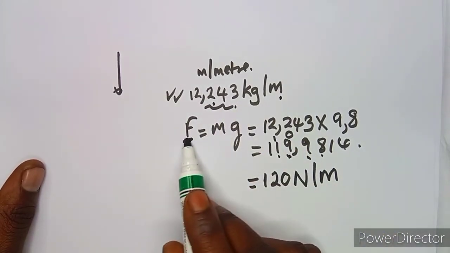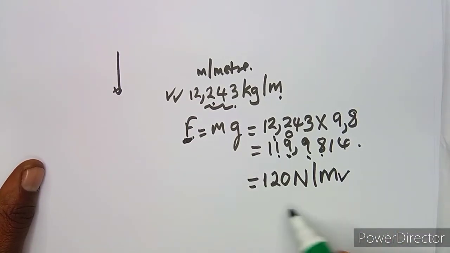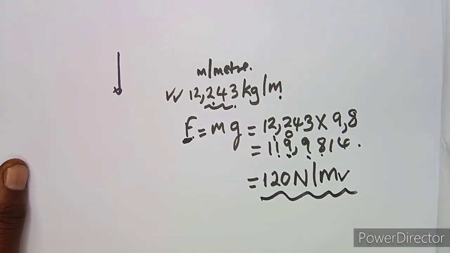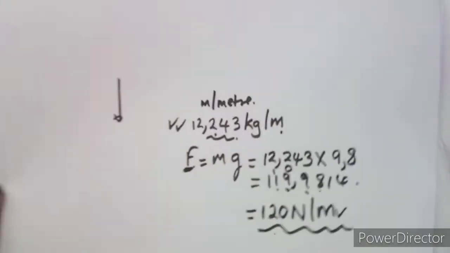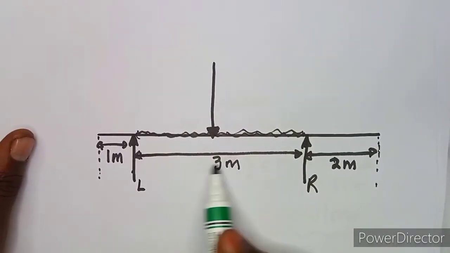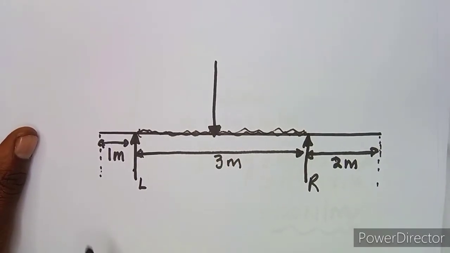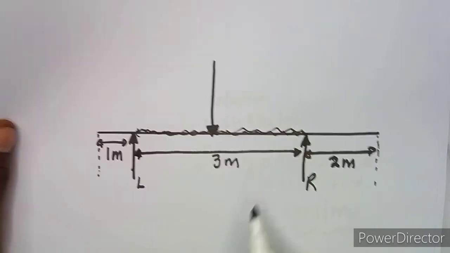So this is going to be the weight component, which is the force per meter again, because it's a distributed load. But now we want to change this distributed load to have a concentrated load, where we shall have this part here. How can we change this distributed load so that we can have a concentrated load? We are going to multiply, because we've got a distance of 3 meters in between.